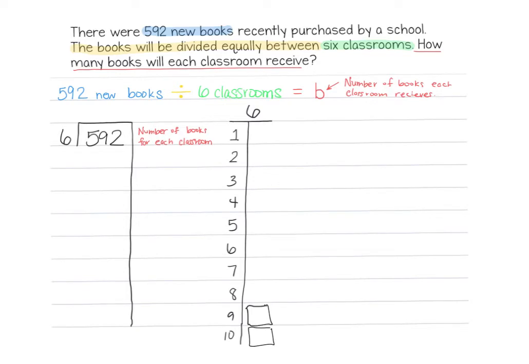So because 60 is too big, we can't use that. However, 54 we can take away. That is 9 groups of 6. So let's take away 54 tens. Make sure that you line up your hundreds and your tens.